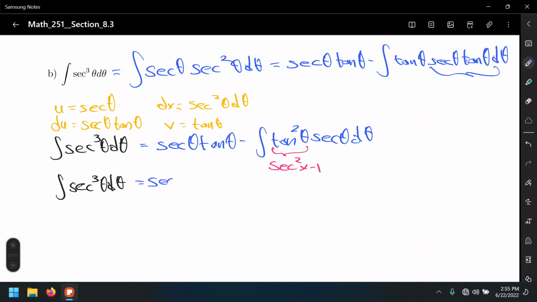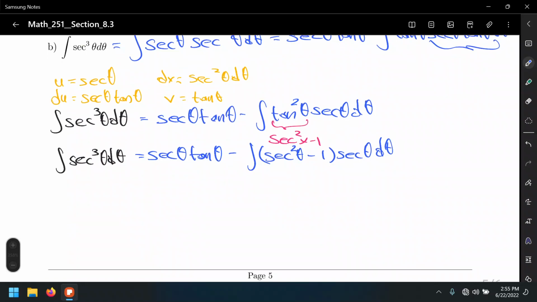That's a secant theta tangent theta minus the integral of secant squared, not x actually, theta, minus 1, and, well, let's distribute that secant.